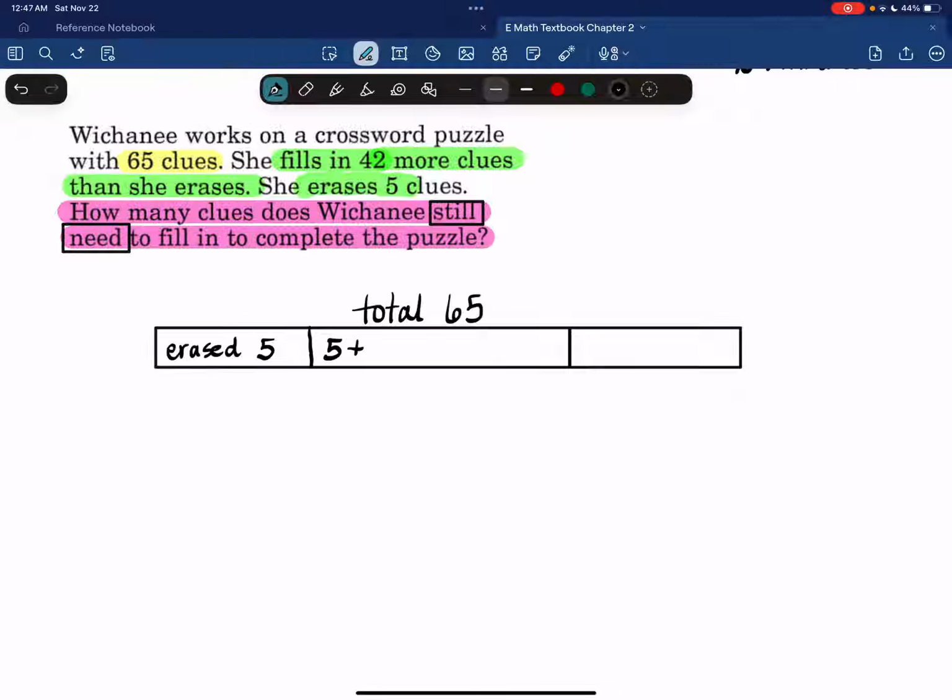So that's 5 plus 42. That's 47 that she filled in. And so the remaining ones are the unknown. This is why it's messing with me.